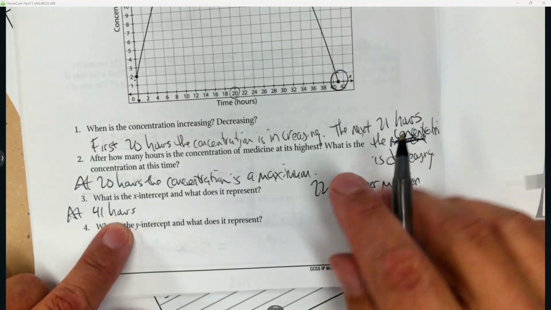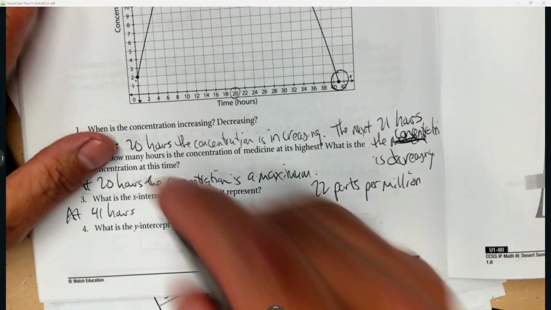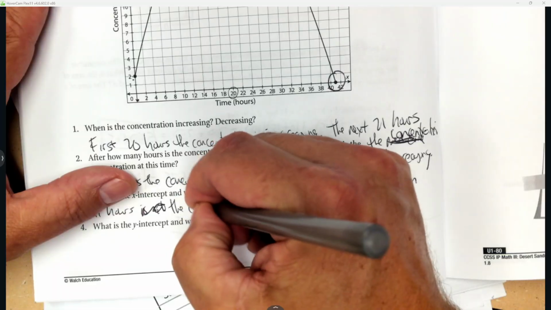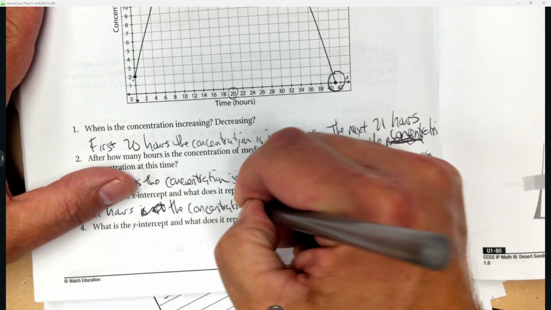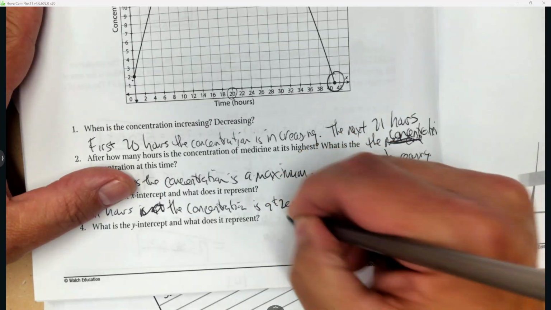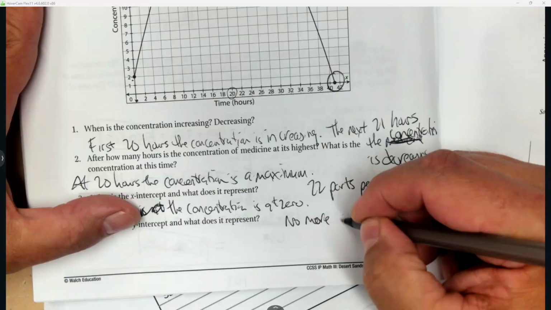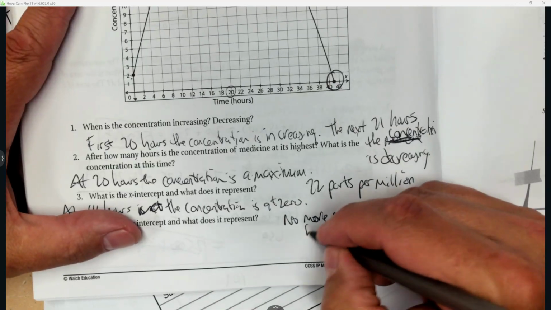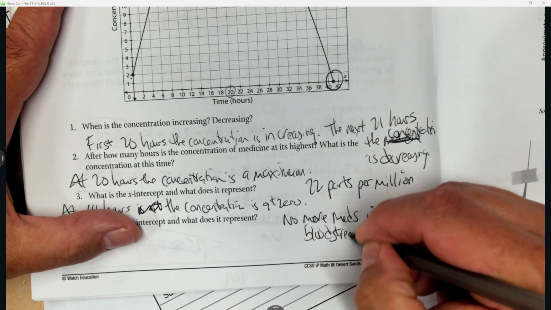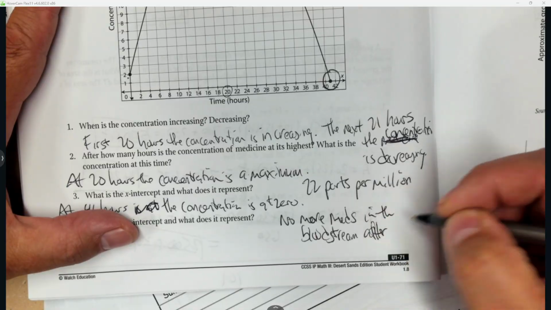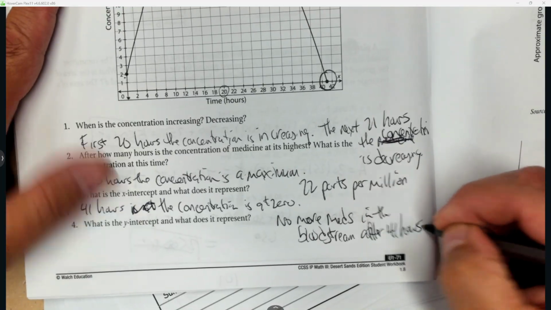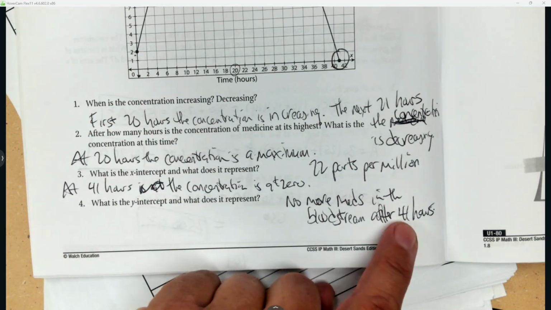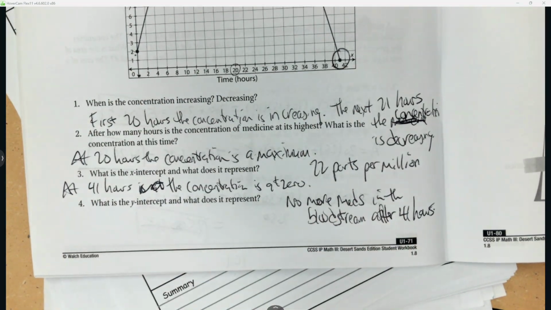And it says at 41 hours, the concentration is at 0. So that means no more medication in the bloodstream after 41 hours. So at 41, the concentration 0, which means at 41, there are no more meds in the bloodstream at that point.